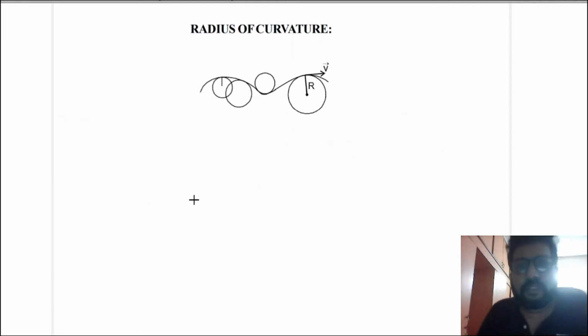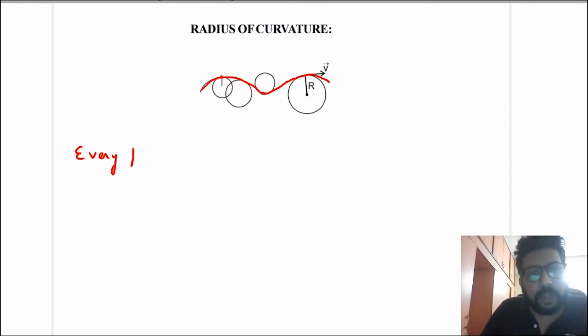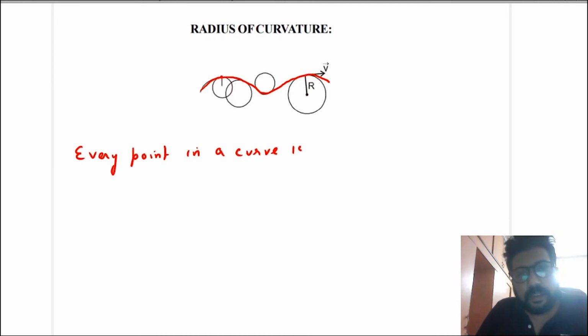Now the radius of curvature at any point. Suppose a particle is following this curve. When the particle is following this curve, you can think that every point in a curve is a part of a circle of different radius.